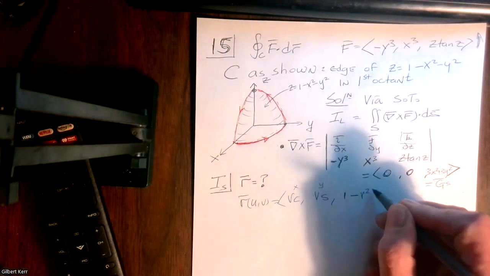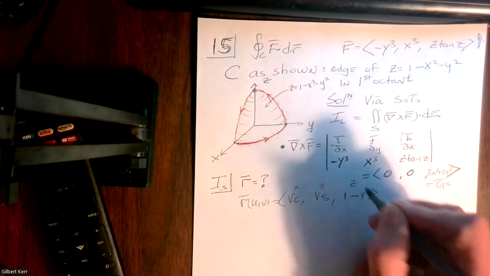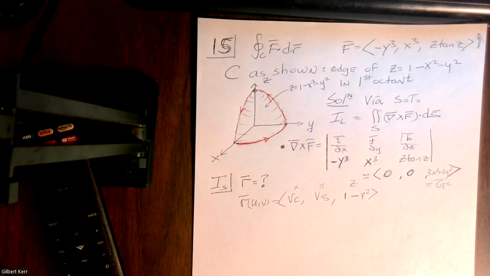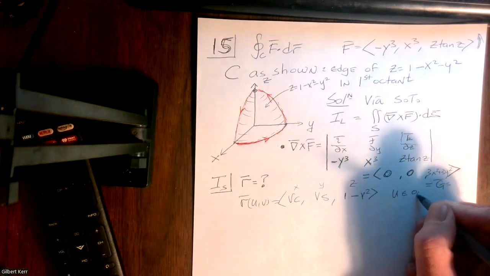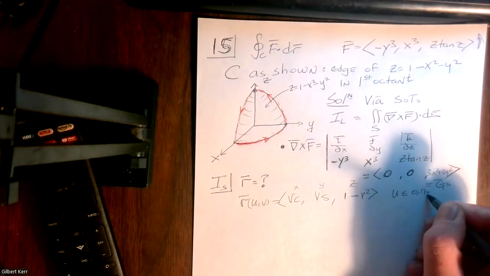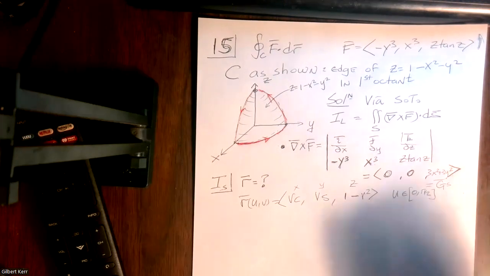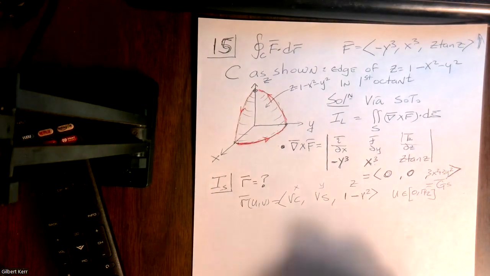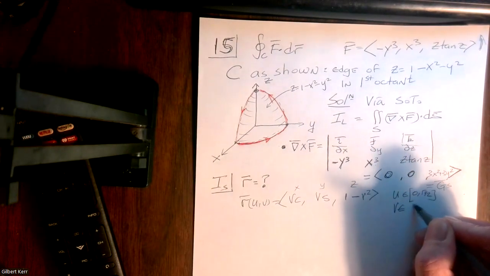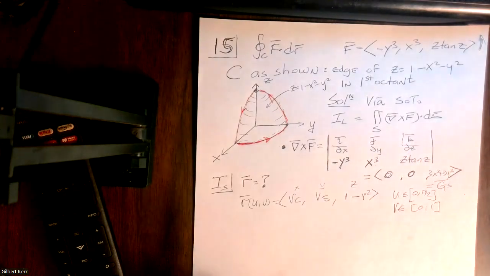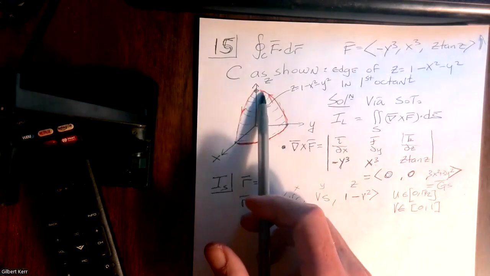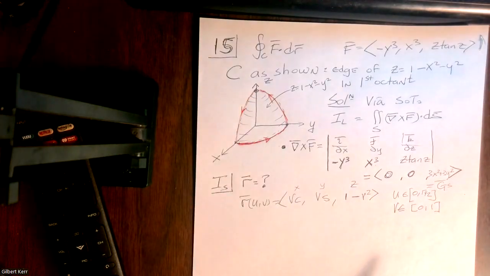So 1 minus v squared. Now, because it's only 1/4 of the paraboloid, the u's actually just go from 0 to pi by 2, and the v's go from 0 to 1. This is 0, and this is 1.